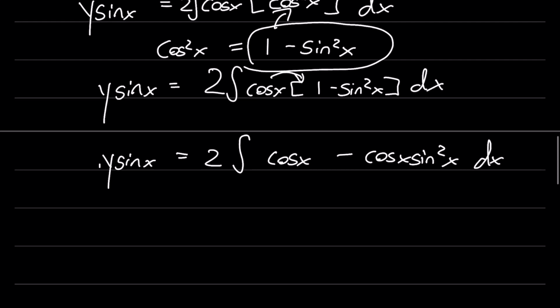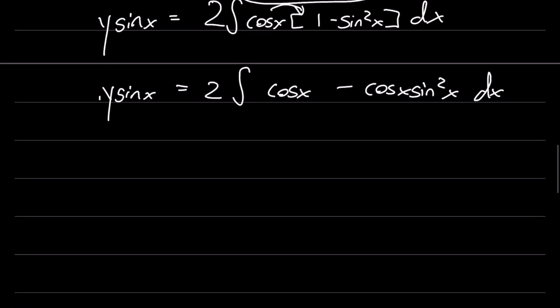So in this case, you're multiplying f prime of x times f of x to the n. Well, what do I mean by that? Let's just break this down. In this case, we have cos x sine squared x. What's the differential of cos x?